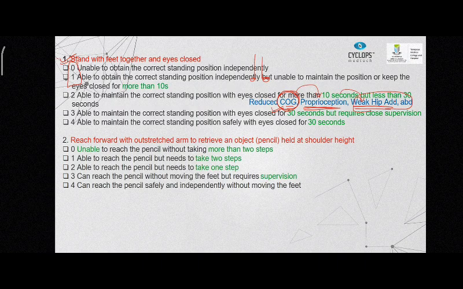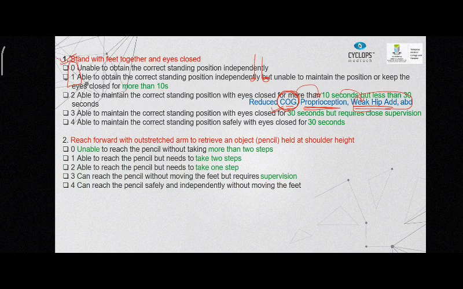Okay, coming to the next thing. The doctor is standing with a pencil in his hand, and the patient has to reach forward with the arms and take the pencil. If the patient is unable to reach the pencil without taking more than 2 steps, the score is 0. If he is able to reach but takes 2 steps, the score is 1.